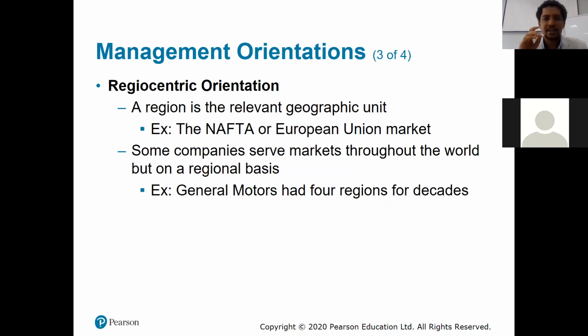And the other orientation is regional centric orientation. This is about the World Trade Organization and free trade agreements. This would be a very good strategy for global marketing, because you can focus on regions rather than a specific country. For example, General Motors has 4 regions, and they produce their cars according to the needs of these 4 regions, not specific countries.